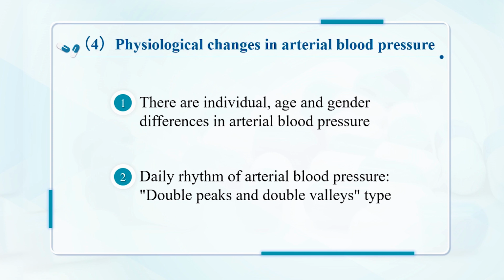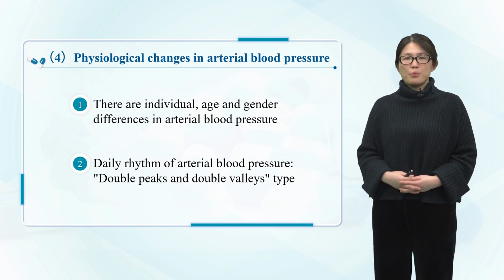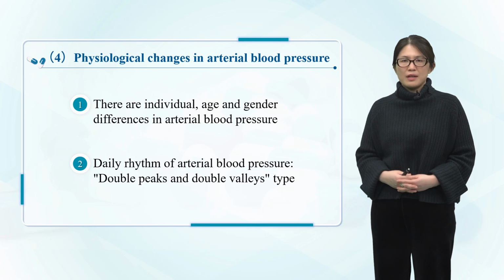With age, blood pressure shows a gradual increasing trend, and the increase in systolic blood pressure is more significant than the increase in diastolic blood pressure. The blood pressure of women before menopause is slightly lower than that of men of the same age, and after menopause, it is basically the same as that of men of the same age, or even slightly higher.